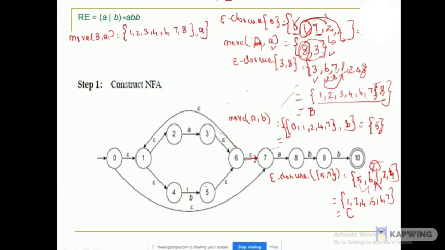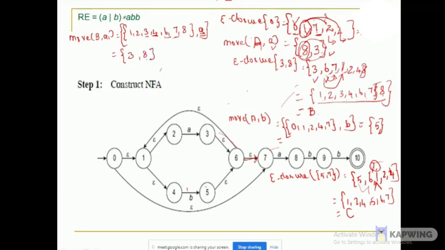From these states, we have to find the transition on the input symbol A. 1 on input symbol A, no transition. 2 on input symbol A, it is going to 3. 3 on input symbol A, it's not going anywhere. 4, there is only a B transition, no A transition. 6, only epsilon transition, no A transition. 7, it is going to 8. 8, there is no A transition.